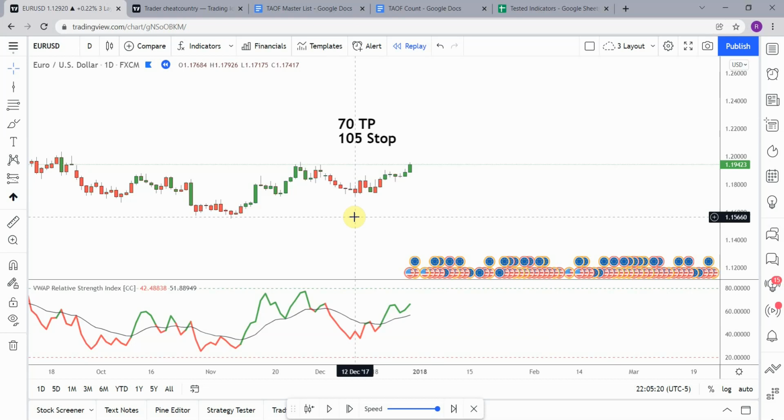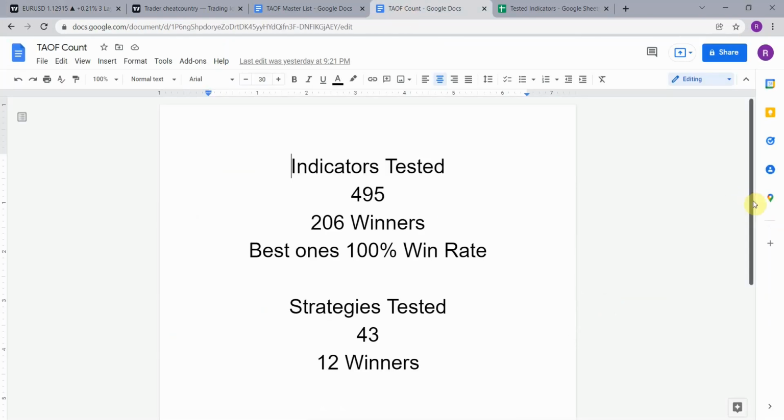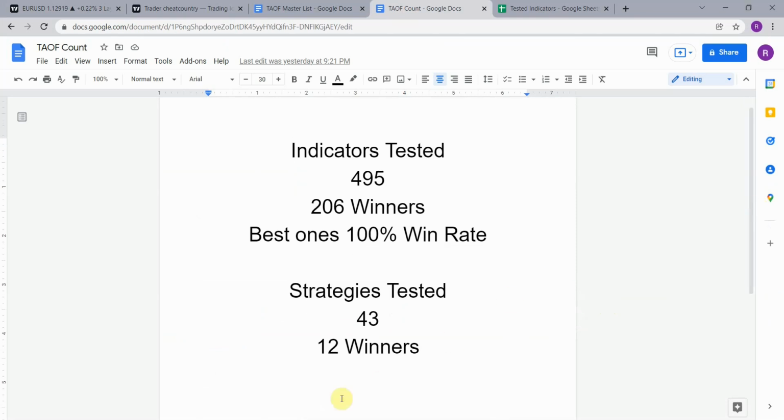Alright, as I said, today we will be testing the VWAP Relative Strength Index. Before we do though, I wanted to put the testing scoreboard up for everyone to see. So to date, we have tested a total of 43 different strategies, with 12 of them being winners. We have also tested a total of 495 indicators, with 206 of them being winners.